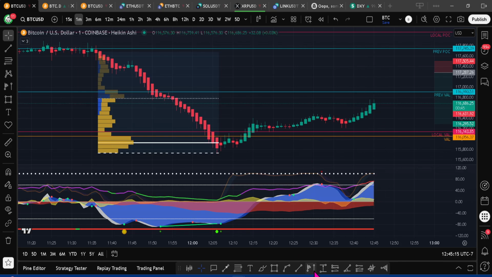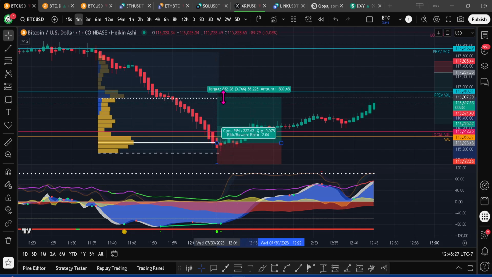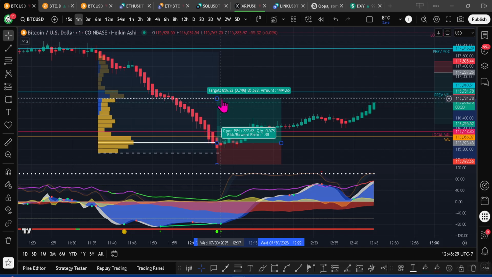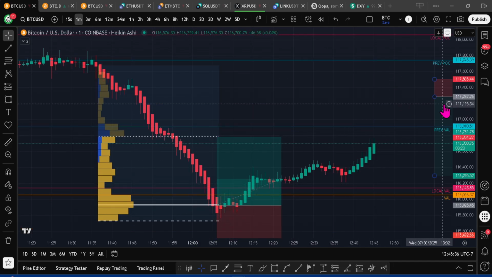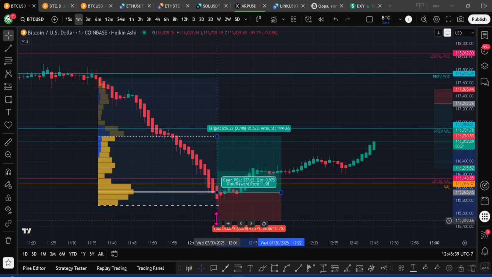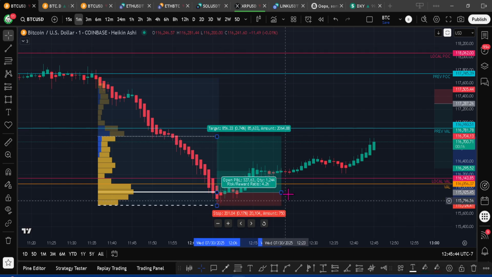So you would have been able to make, we're going to do two things here. We're going to do what was a long position if you entered in at this point of control and sold all the way up to 117,000, say 700, depending on your exchange, with the stop loss set to the value area low, then you would have had a 4.26 risk to reward ratio.